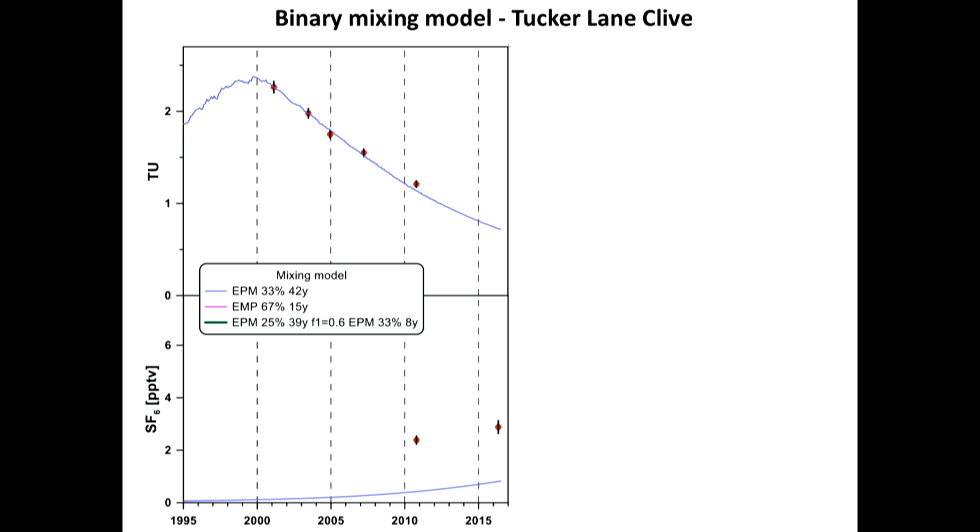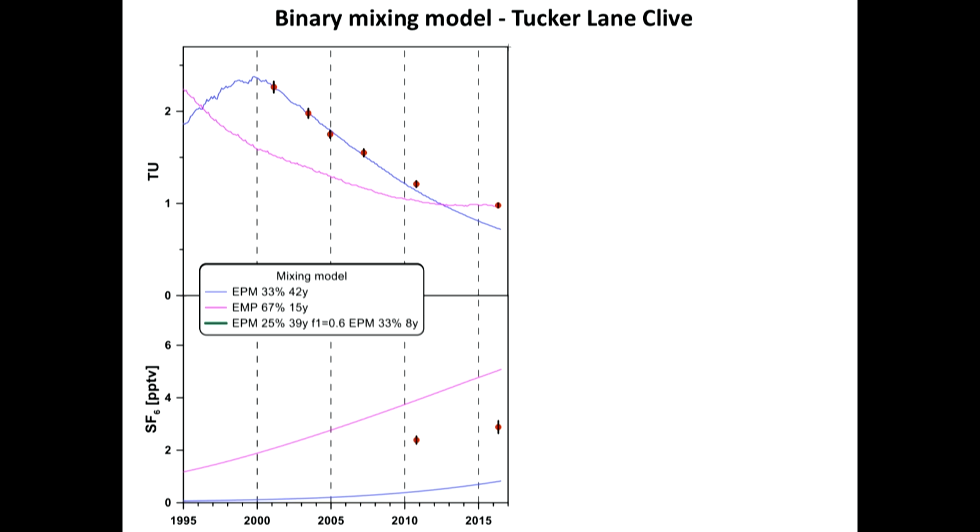And what we have now is also another tracer. I explained it before, SF6, and that gives us additional information. What we now see here is that this model, the blue curve, does not match the SF6 tracer data. And it also doesn't match the tritium from the last round, which was in 2016.